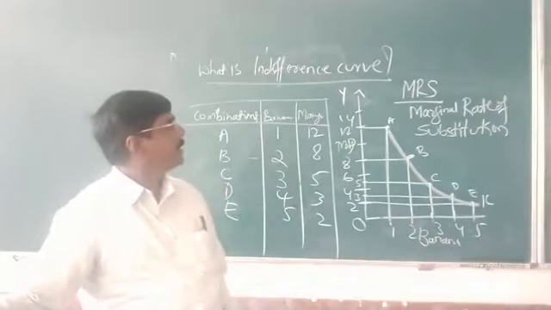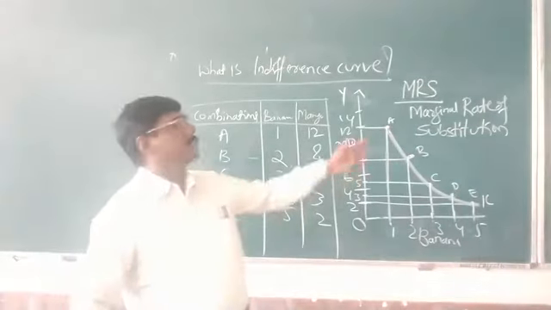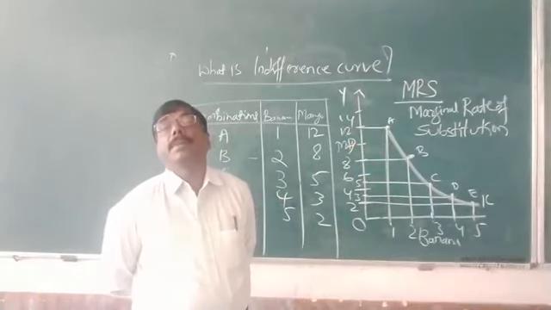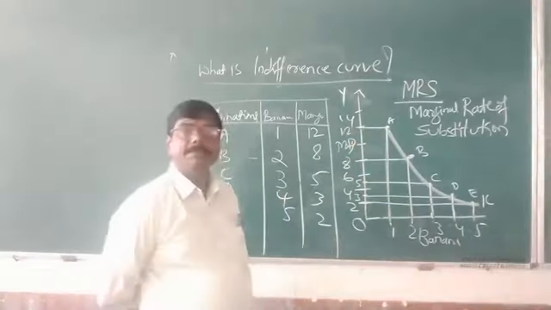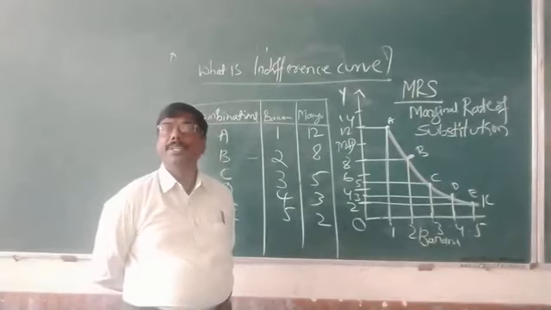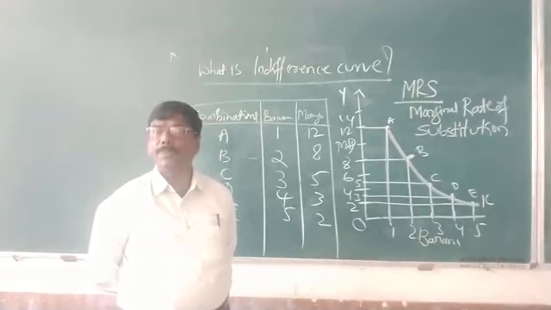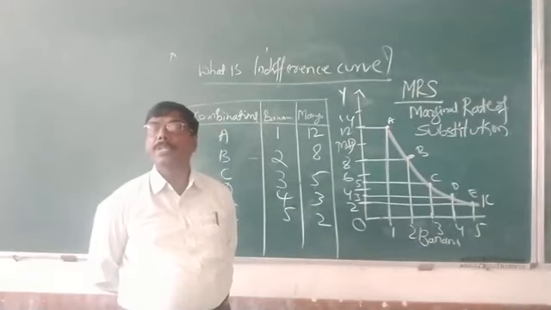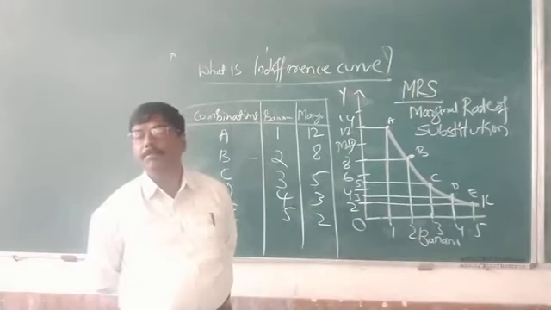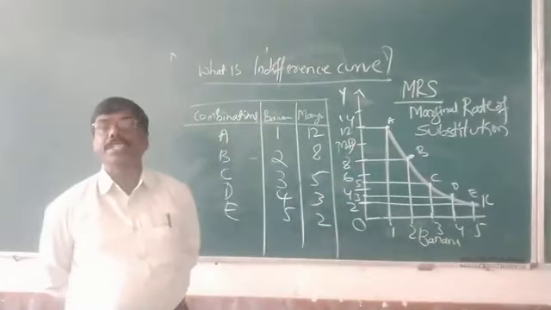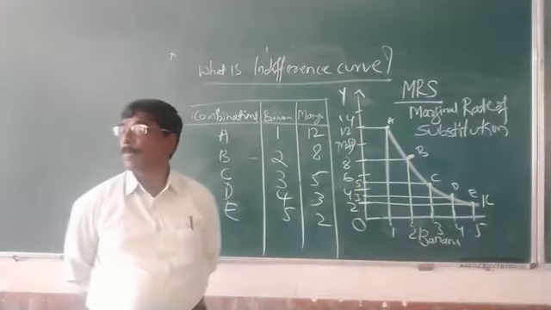It is known as the marginal rate of substitution. In other words, marginal rate of substitution refers to how much quantity of a commodity he is ready to give or sacrifice to get another commodity. It is a 2 marks question.